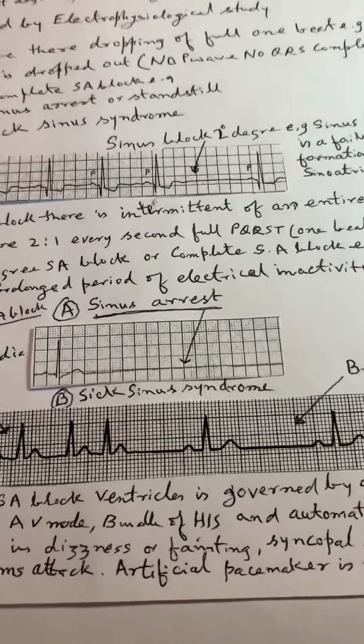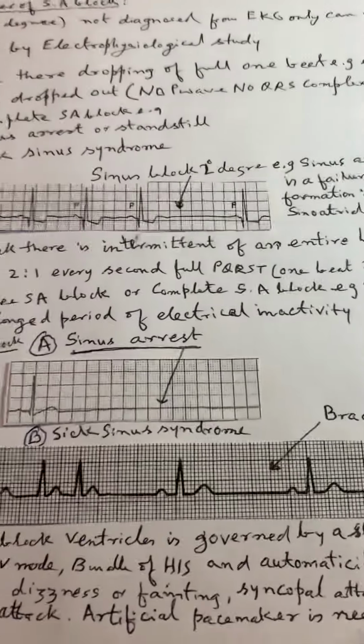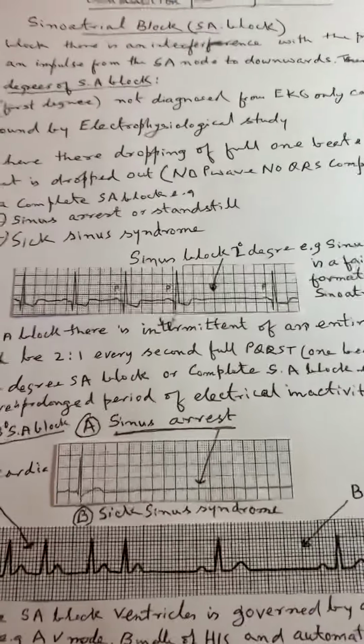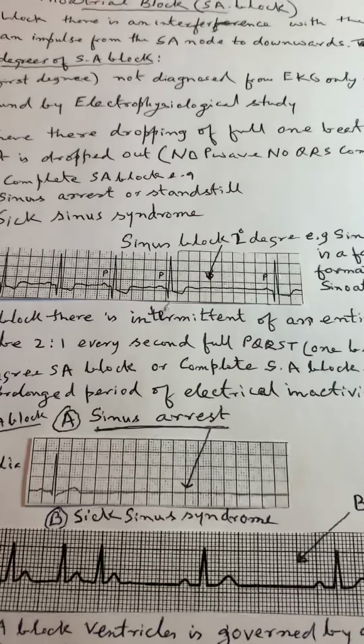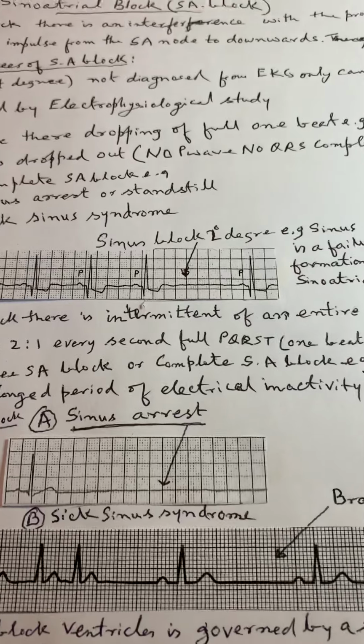The other thing which is seen in old age is the sick sinus syndrome. As we age, a degenerative process takes place in the SA node, and that is sick sinus syndrome.